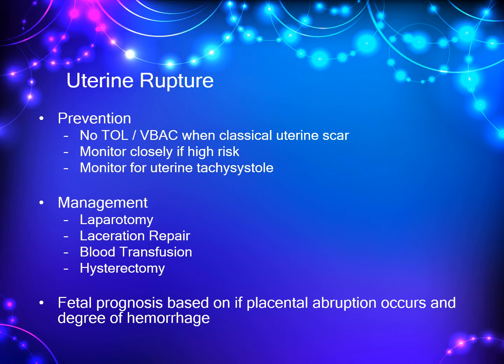If we have a mom that is high risk, we are going to monitor her very closely, and we need to monitor for uterine tachysystole. If this is seen, we're going to decrease or stop the Pitocin, give tocolytics to decrease the intensity of uterine contractions.